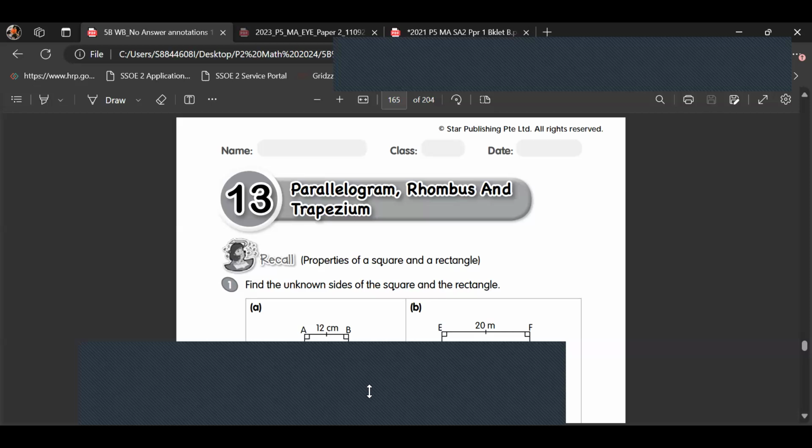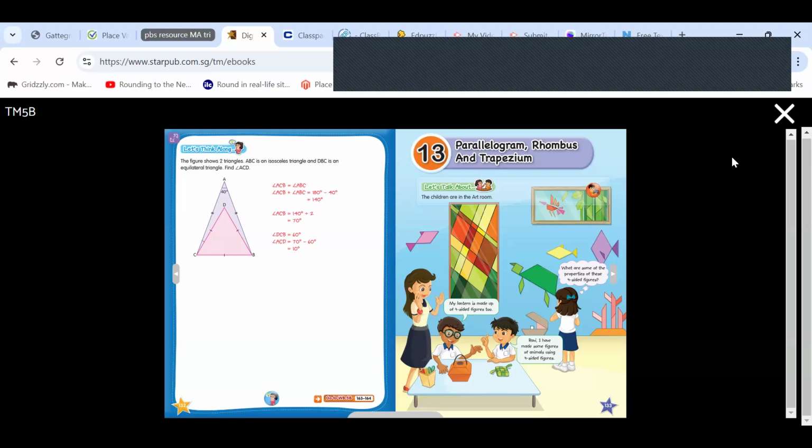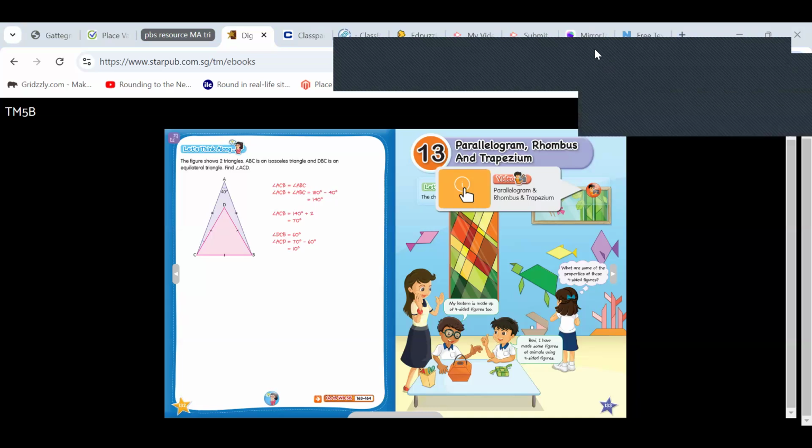Right, so if you look at your textbook right here, there are examples in the textbook. But first, let's take a look at the video here.